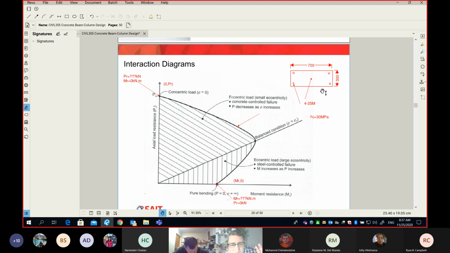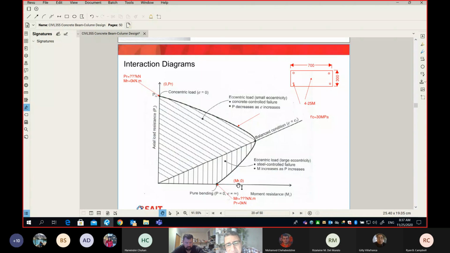So the section is given, and we're trying to see different combinations. As I said, we already in my class so far know only 2 points on the curve, where there is a pure axial force or a pure bending moment.